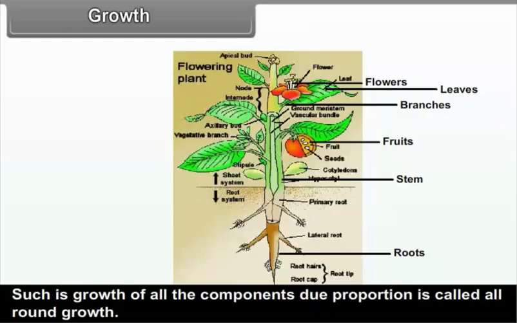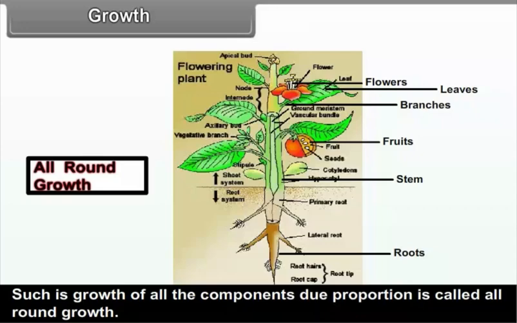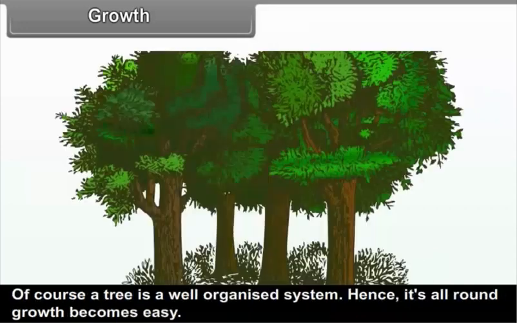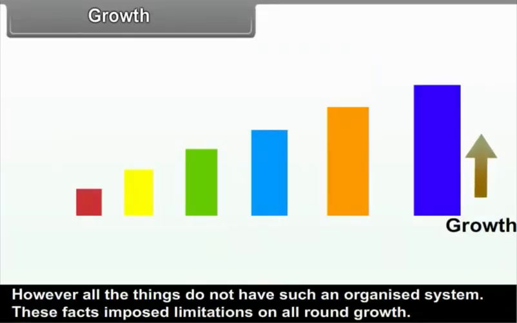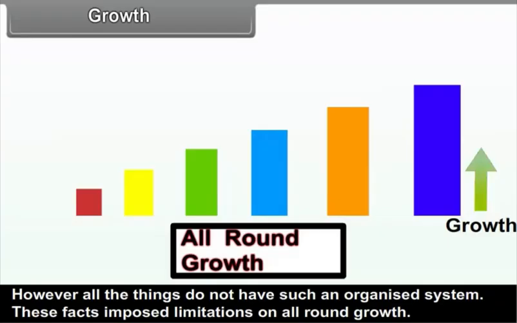Such a growth of all the components in due proportion is called all-around growth. Of course, a tree is a well-organized system. Hence, its all-around growth becomes easy. However, all the things do not have such an organized system. These facts imposed limitations on all-round growth.